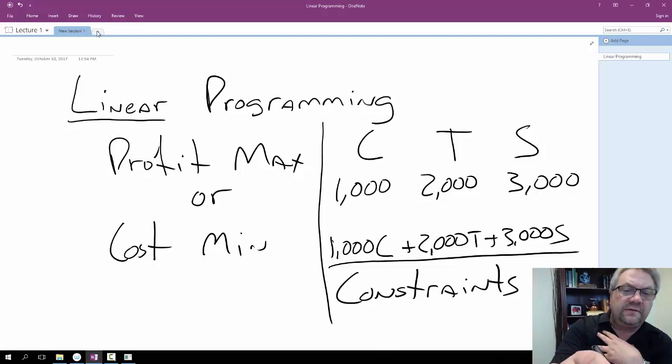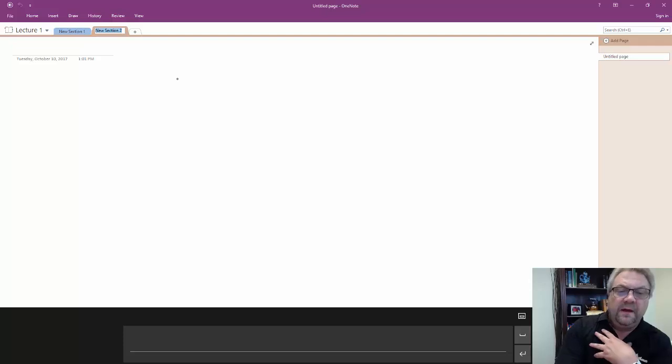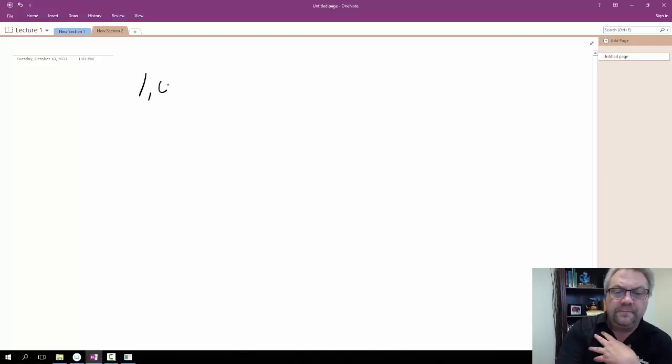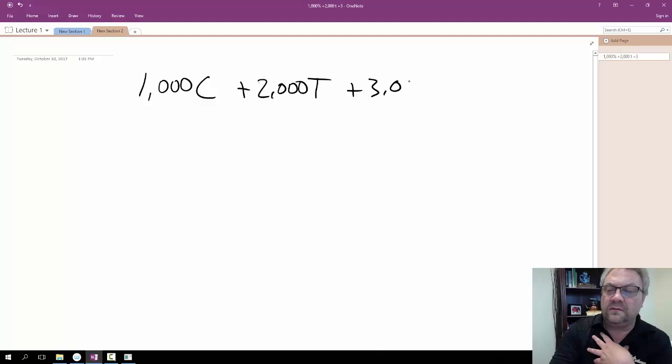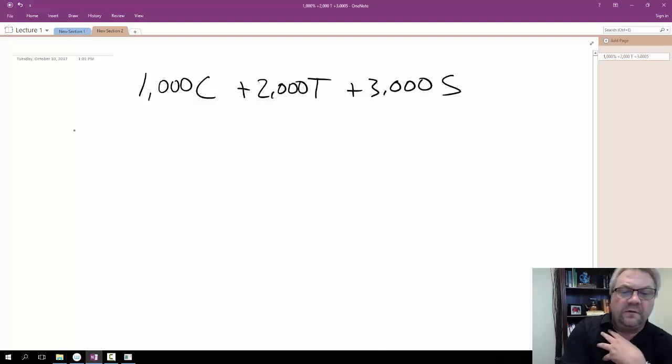So let me just get a new tab, and let me stick with my car example. So I've got $1,000 of profit per car, $2,000 for truck, and $3,000 for the SUVs. So I've got my constraints, and I want to be a little bit more clear on the constraints.